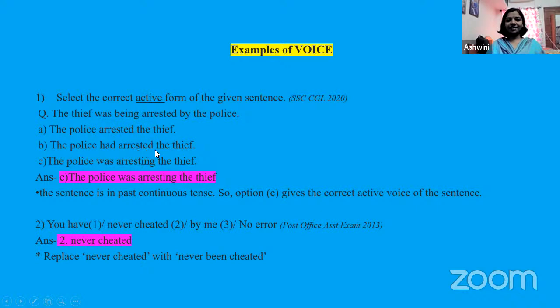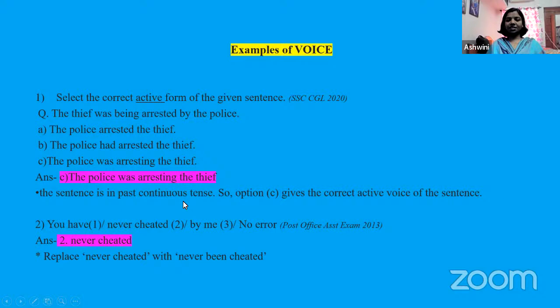The police arrested the thief. The police had arrested the thief. The police was arrested the thief. These are the options for you. You have to choose one of them, which is the correct one. यहाँ पे आपको करेक्ट यूज, करेक्ट सेंटेंस, करेक्ट एक्टिव फॉर्म चूज करना है, नॉट एरर. Here number 3, C, the police was arresting the thief.